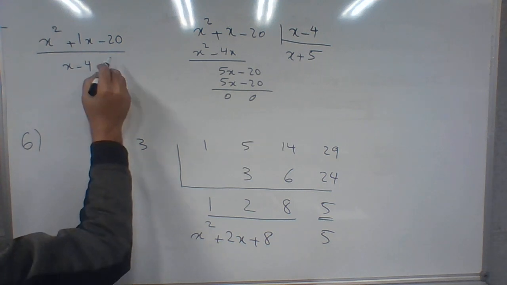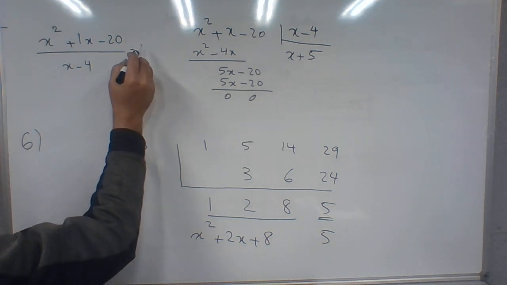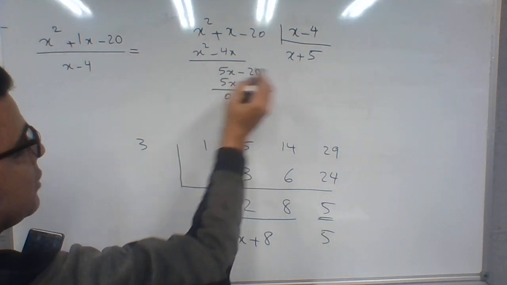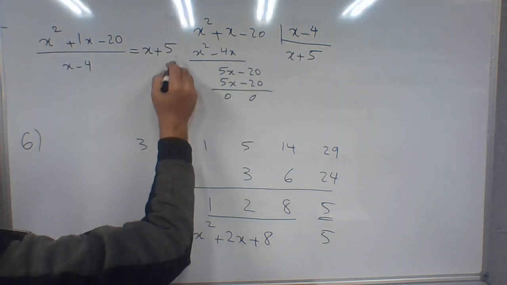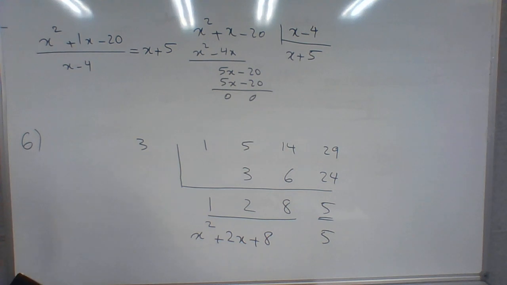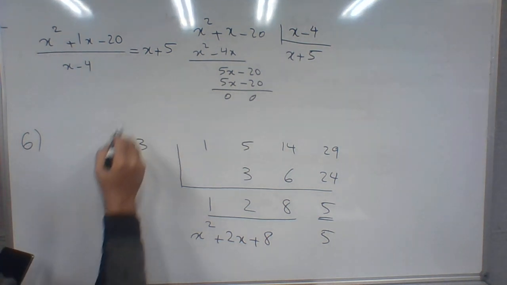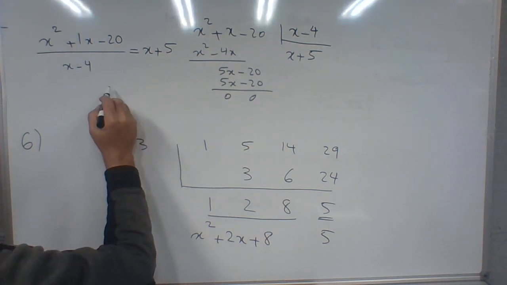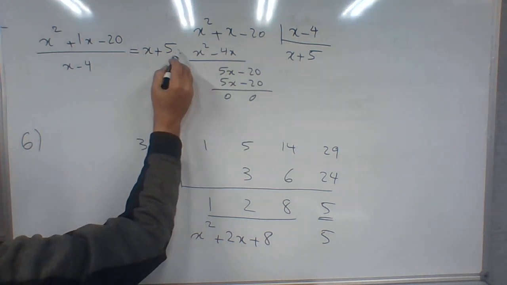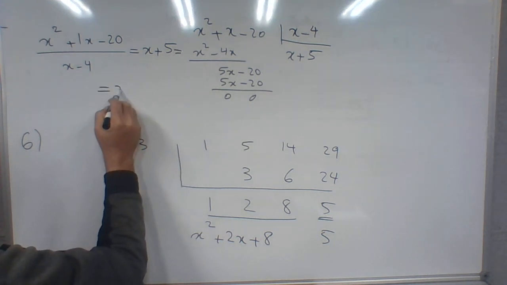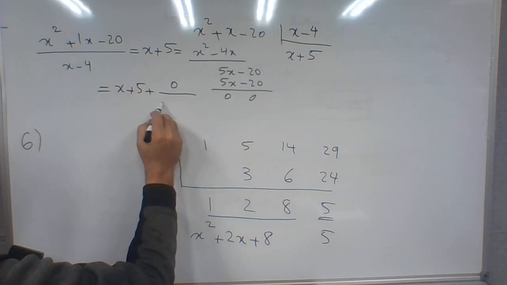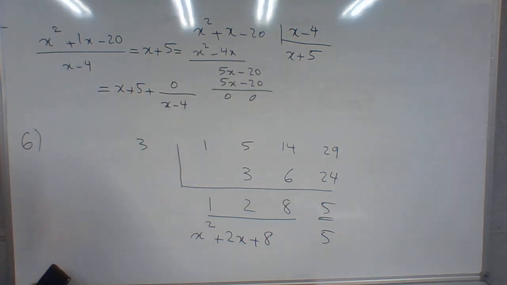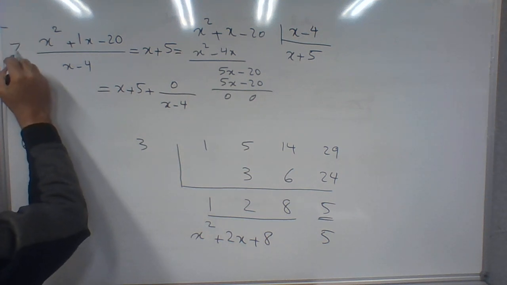So the answer for this will be, this is the quotient, x plus 5 and 0, no remainder. So maybe we can write it again: this is equal to x plus 5 plus 0 over x minus 4. This was problem number 7.